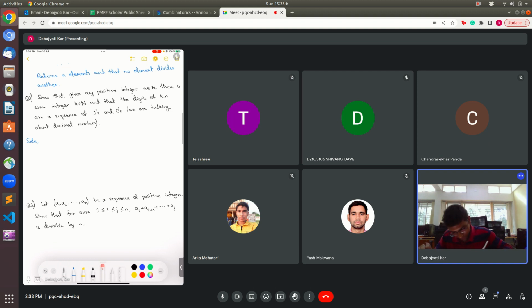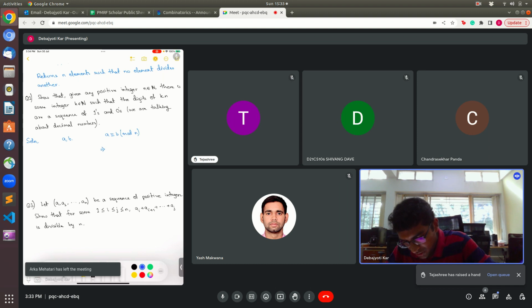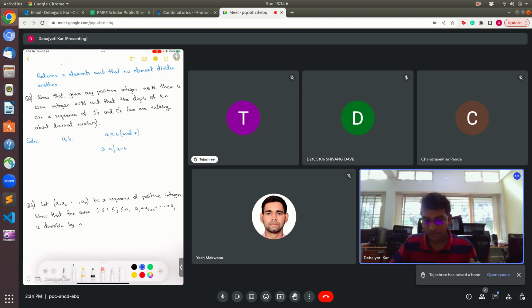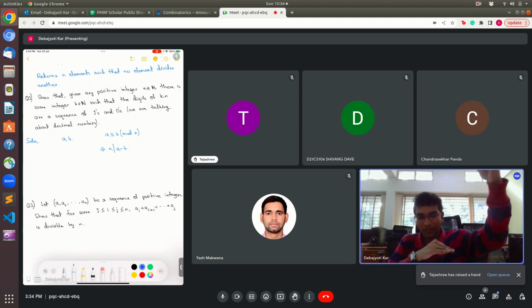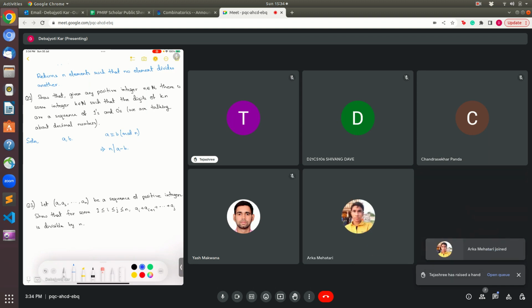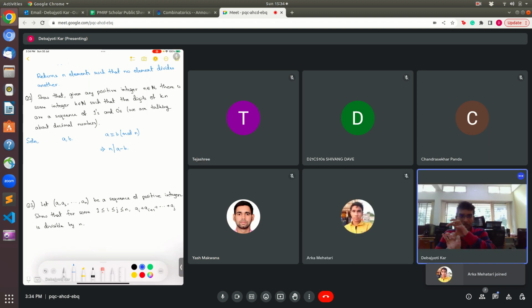If there are two numbers a and b such that they leave the same remainder when divided by n, we can write it as a congruent to b modulo n. This notation means that both a and b leave the same remainder when divided by n. So in that case, we know that n divides a minus b, right? So if we want some multiple of n which satisfies some properties, the holes are going to correspond to the remainders.